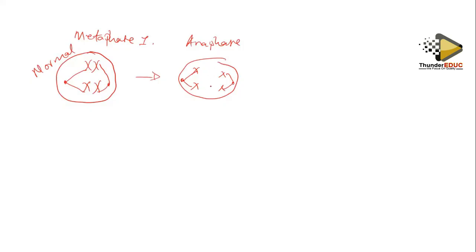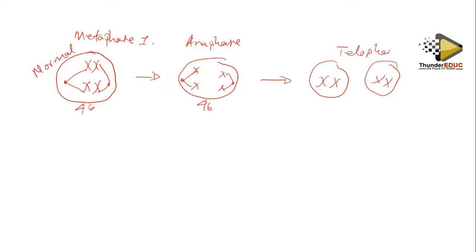You see, they are separating. Then in telophase, I expect this cell to form two cells. If it is a normal cell, I expect it to be 46, and at the end of telophase 1, I expect this one to be 23 and this one also 23.